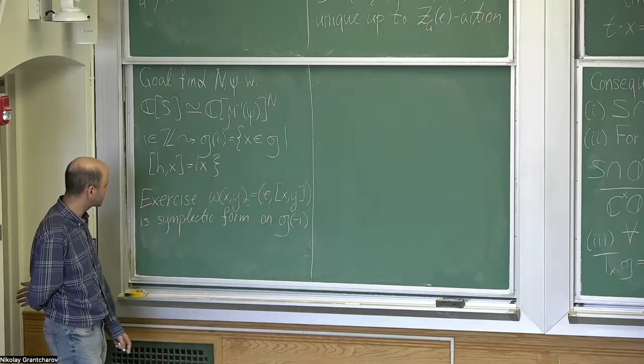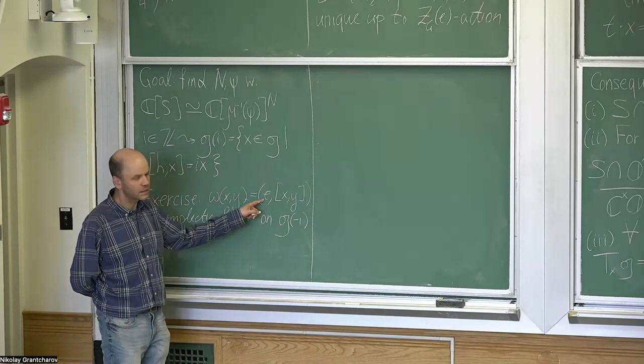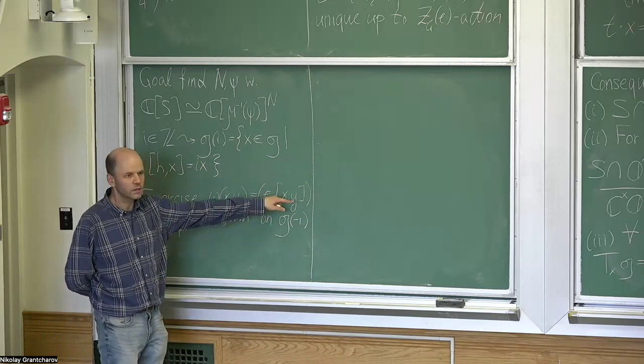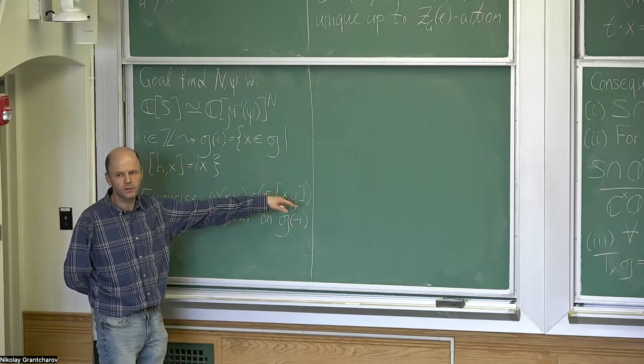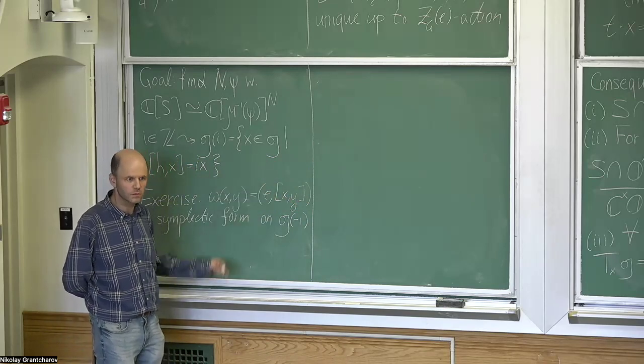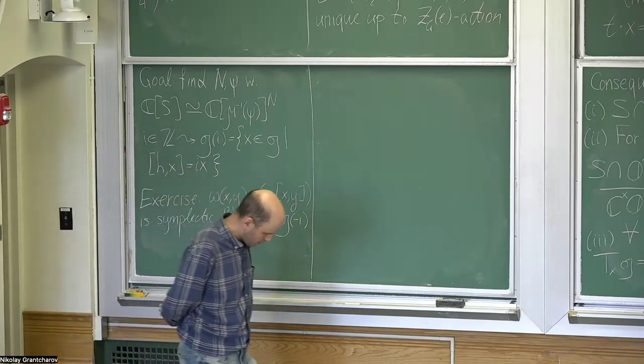Let's see that this at least makes sense. So this has degree 2. Both X and Y have degree minus 1, so at least the degrees cancel out. Not immediately 0.